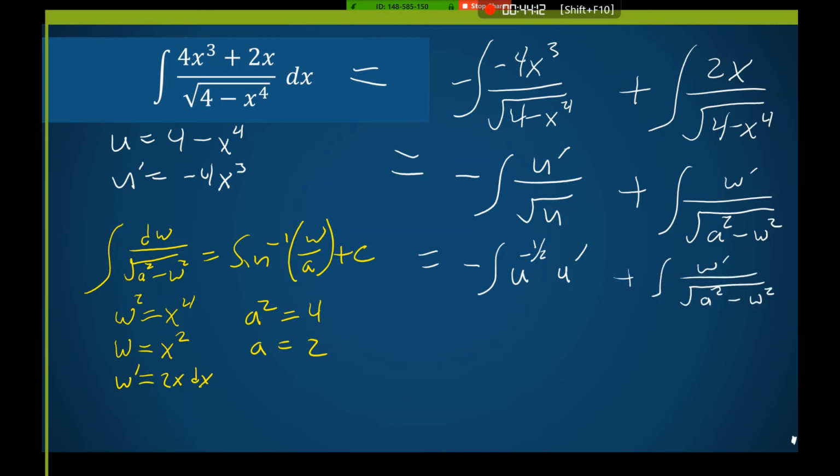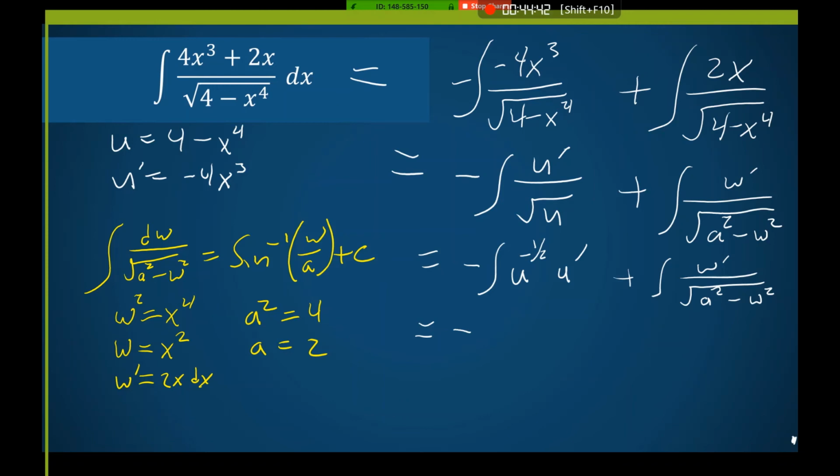Andrew, I'm going to stick with you for one more. What happens when I integrate this left side? It will be negative 2 over 3, u... negative. Okay, we're going to add 1 to the power and divide by the new power. If I add 1 to negative 1/2, what will I be left with?